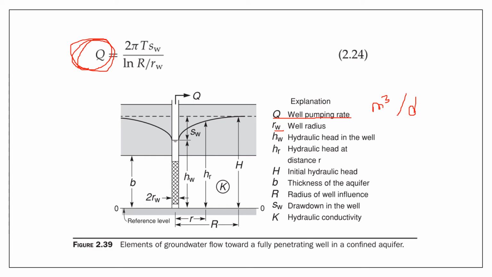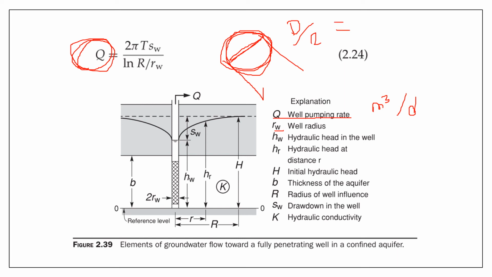So you also have well radius, which is literally the radius of your well. So if this is your well, let's say this is a close up of your well. So just look at the diameter of your well divided by 2.